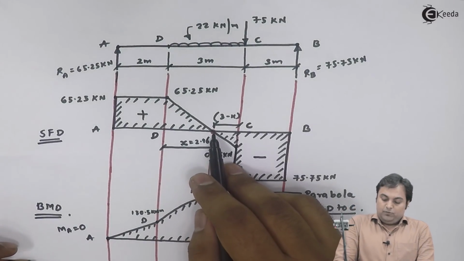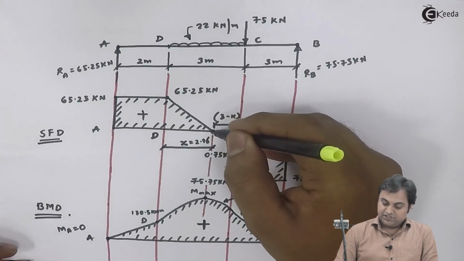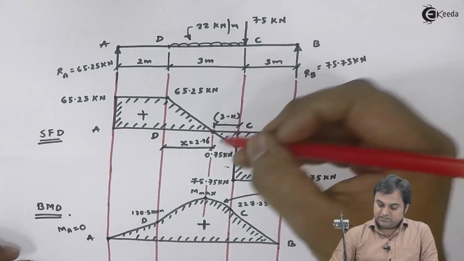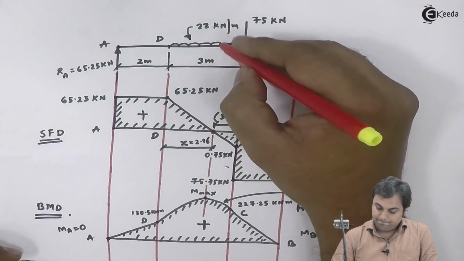So if I calculate the moment here, first my section is here, I would be transferring this point to the diagram of the beam.